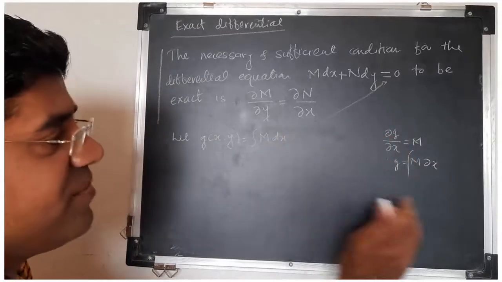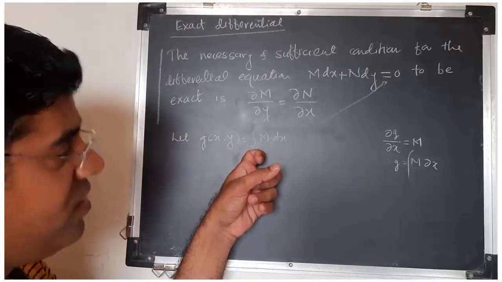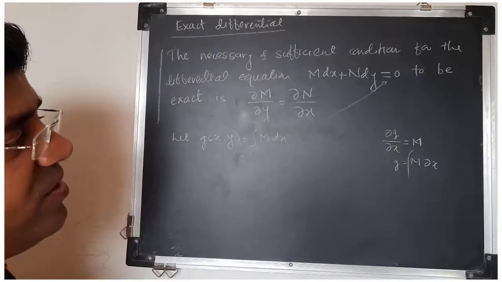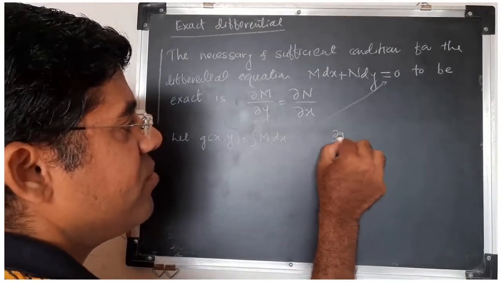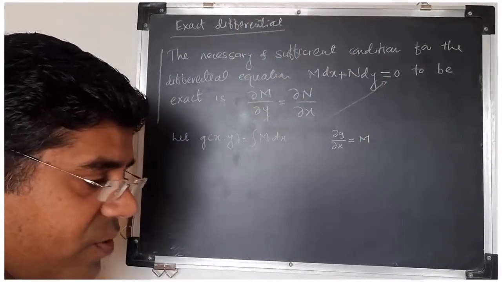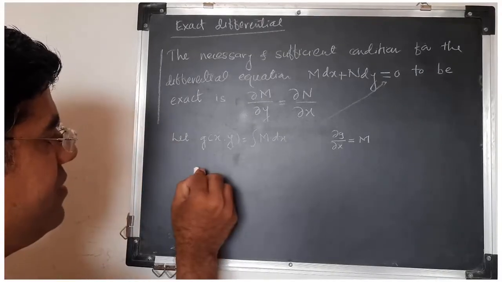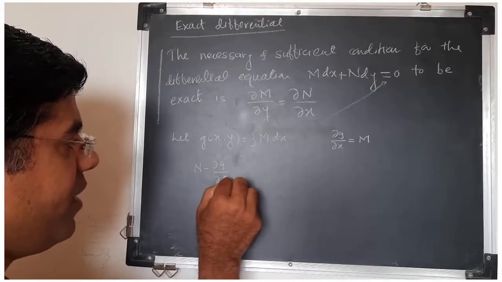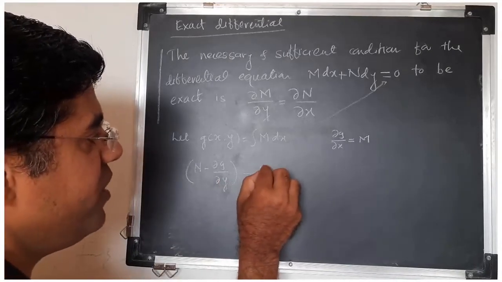We can write this as the partial integral of M such that ∂g/∂x is equal to M. So this is my ∂g/∂x equal to my M. Next, we want to first show that N minus ∂g/∂y is a function of only y.